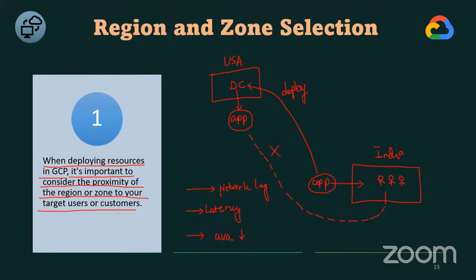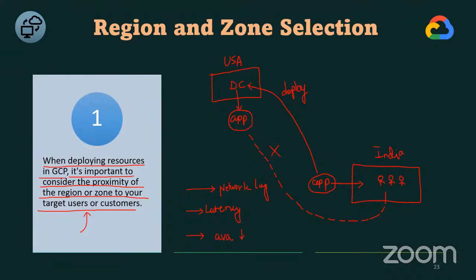Whenever you want to deploy resources or your application, try to select a location, such as a region or zone, near your target users or customers. Always focus on your target users. Wherever your target users are, select a region or zone near to them.